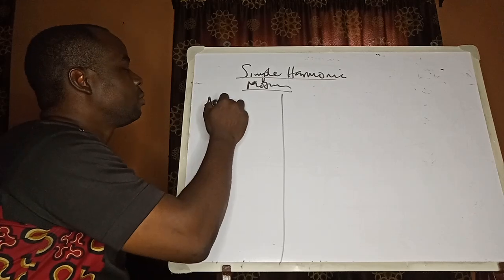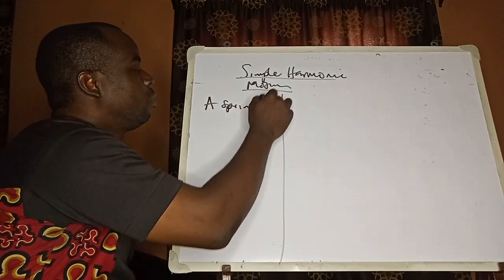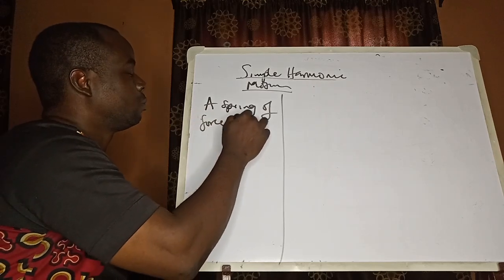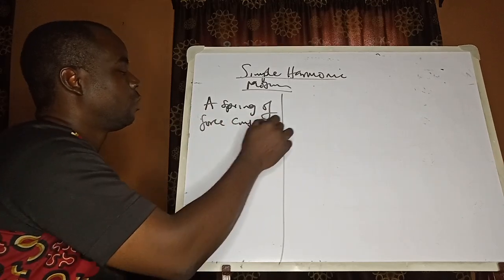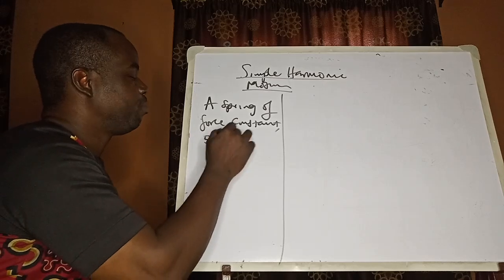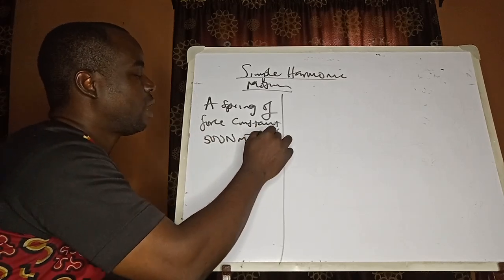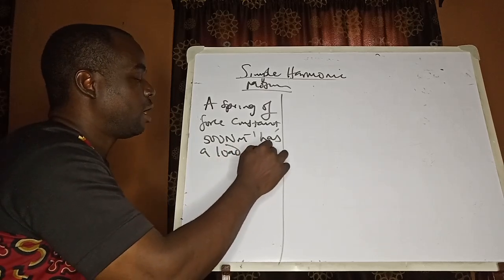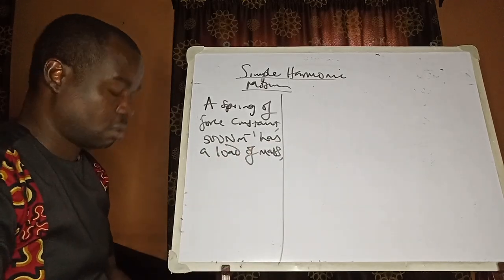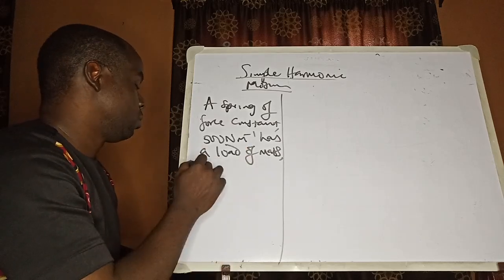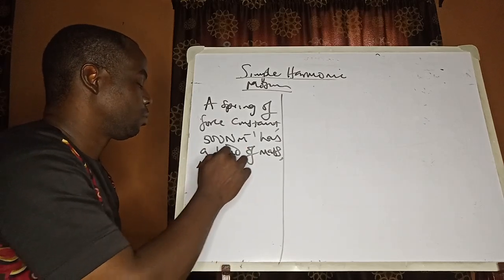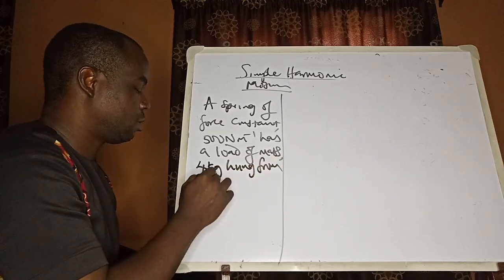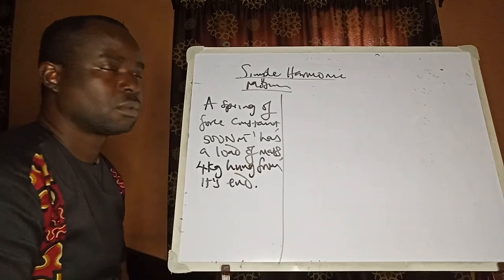A spring of force constant 500 Newton per meter has a load of mass 4 kg hung from its end.